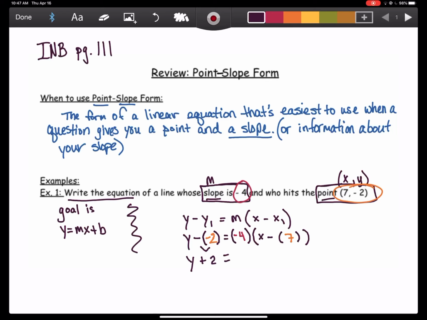I'm just going to rewrite it and clean it up a little. I'm going to rewrite this -4, but take it out of the parentheses because it's not really necessary. I'm going to keep these parentheses because they are very important. And x minus 7, I can rewrite as just x - 7. I'm just removing some of the parentheses.